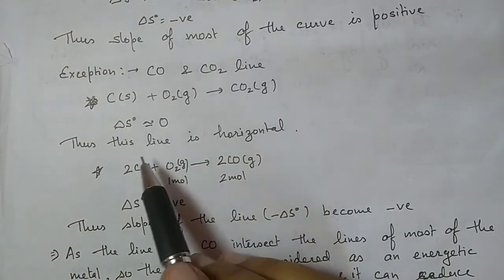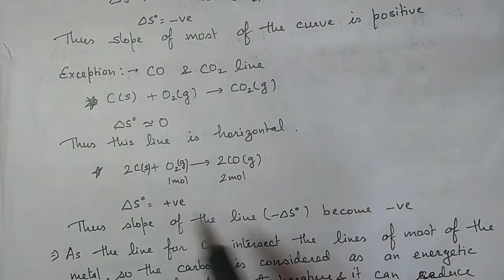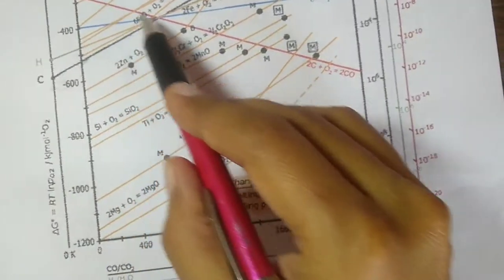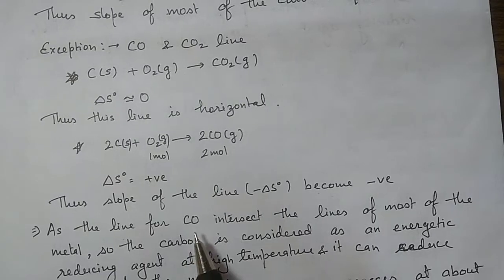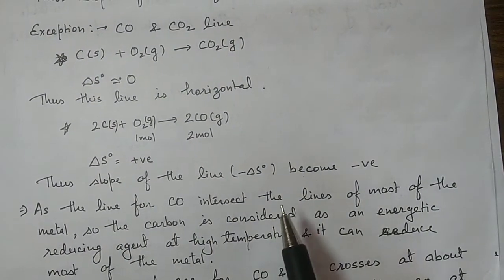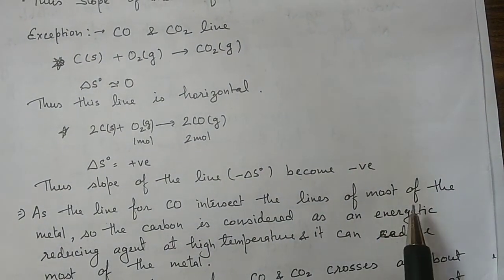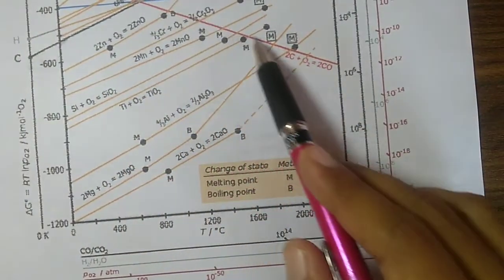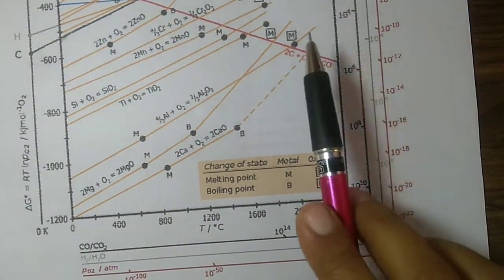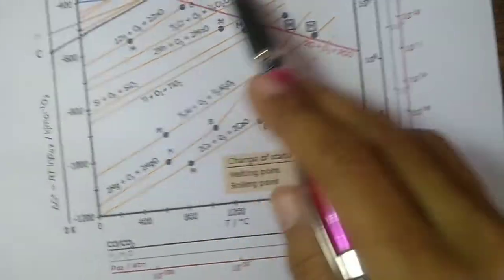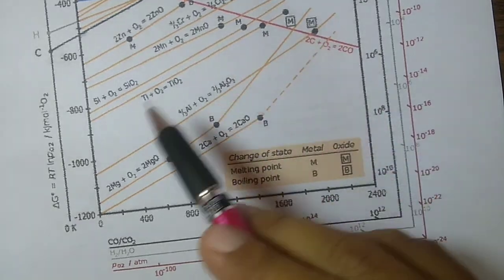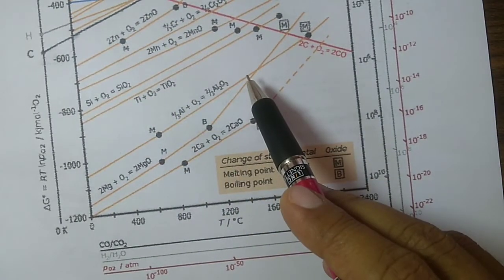So this line of CO has a negative slope in this diagram, and the CO line intersects the lines of most of the metals, right? This CO line intersects most lines in this diagram.